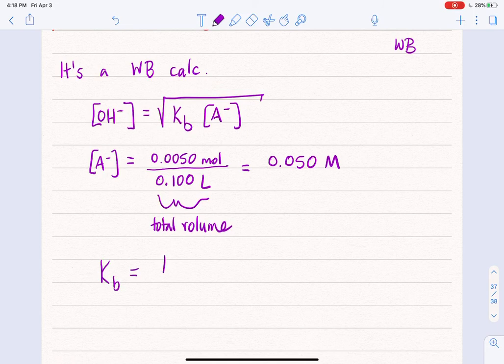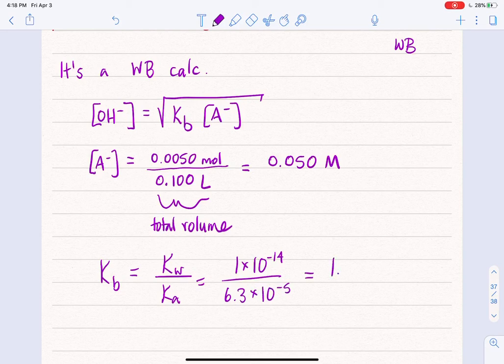The Kb I need to obtain from the Ka. Of course, Kb I can get from Kw over Ka, or 1 times 10 to the minus 14 divided by the Ka, which the problem gave me as 6.3 times 10 to the minus 5. So the Kb value should be 1.6 times 10 to the minus 10.